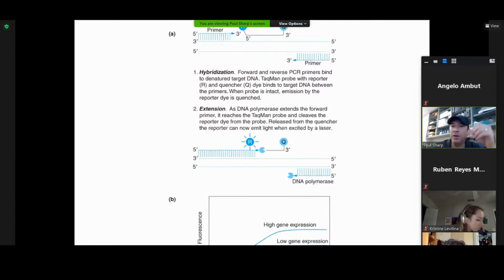Okay? So if, for example, these two curves represent two biopsies, maybe one of liver cancer biopsy, and the second tube would be your mRNA from normal healthy liver tissue.